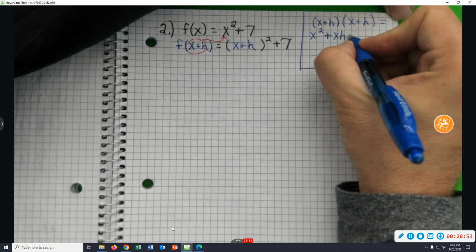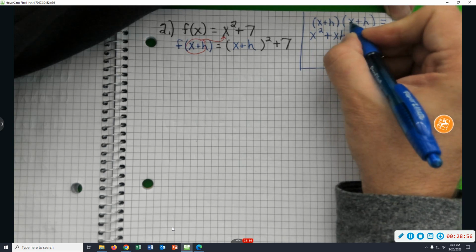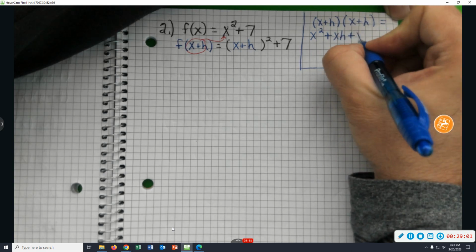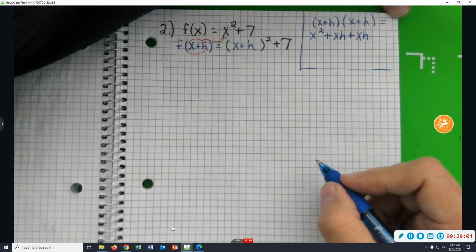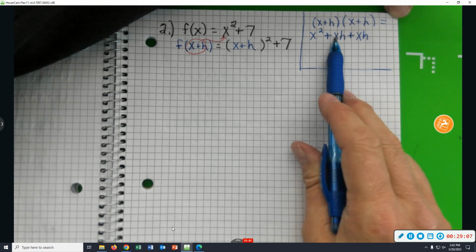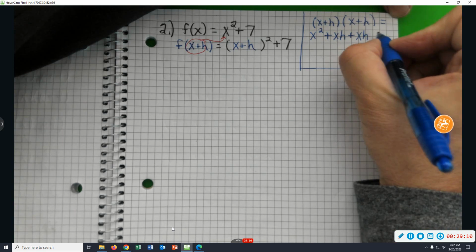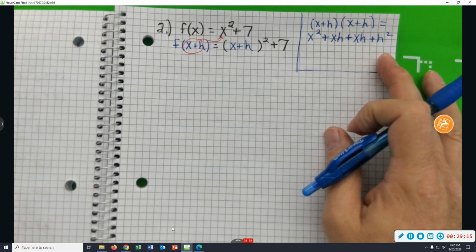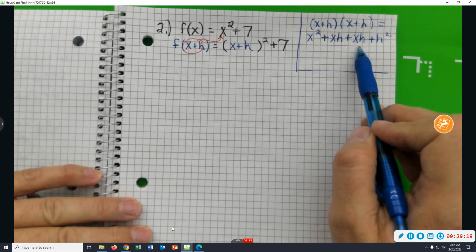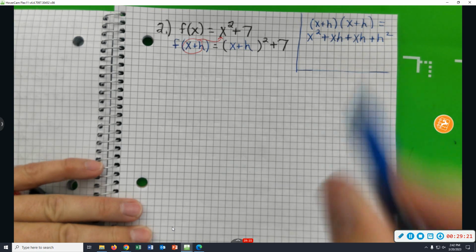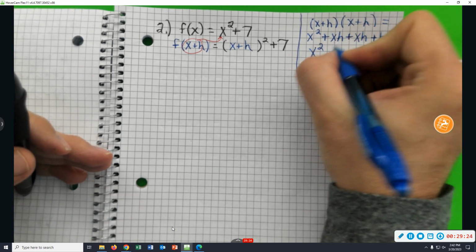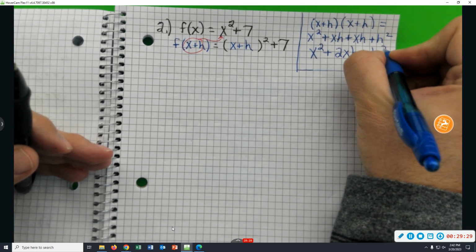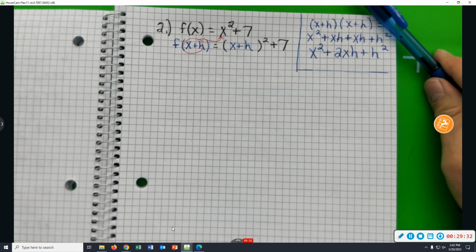That's first, outer. What about inner? hx. Since I wrote it as xh here, I'm going to write it as xh there also, just so I'll be sure to notice that those are like terms. And what about the last one? h squared. So I've already mentioned like terms, xh plus xh. So it's x squared plus 2xh plus h squared. There.